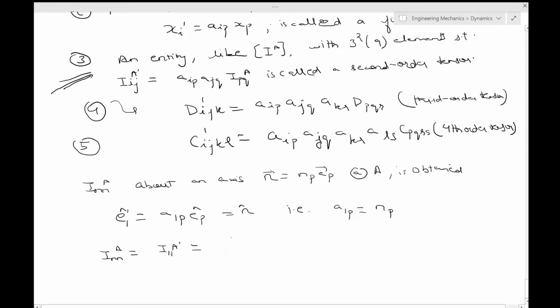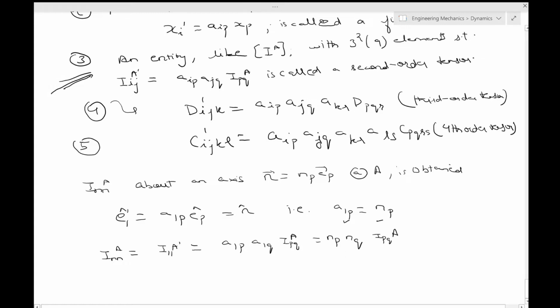This can be written using this transformation law 3.9 as a1p a1q Ipq A, which is equal to n_p n_q Ipq A, just because a1p is equal to n_p and a1q will be equal to n_q, so this has been written.